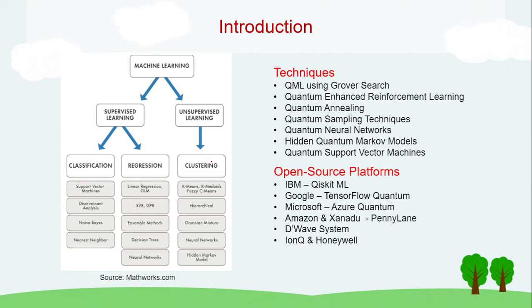I'll not go into the detail of each problem. I think most of you are familiar. If not, you will get it from any machine learning article. And for each of these problems, there are many techniques available to solve them. We are going to see support vector machine today.